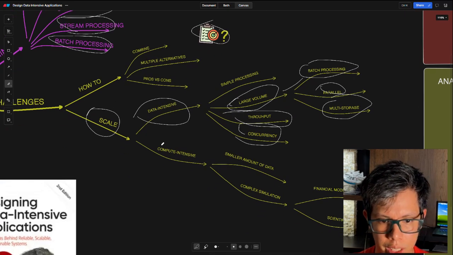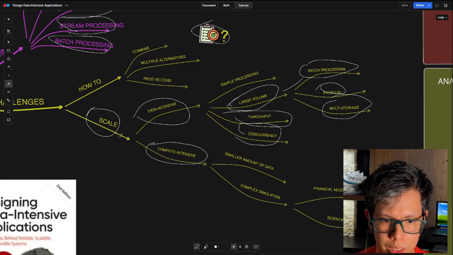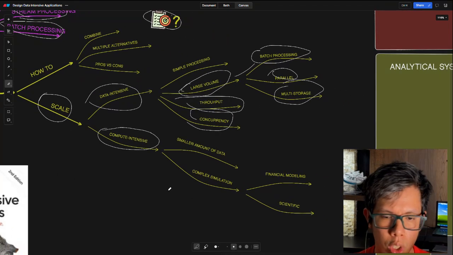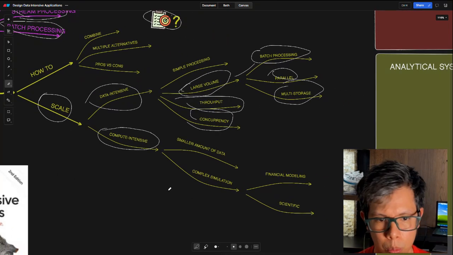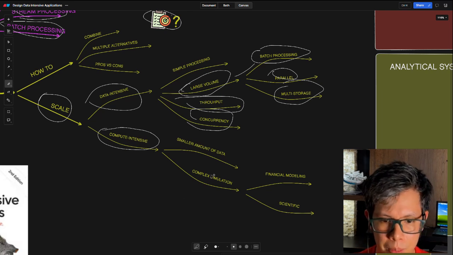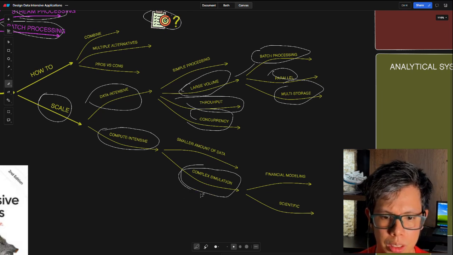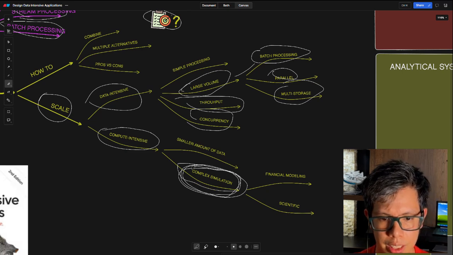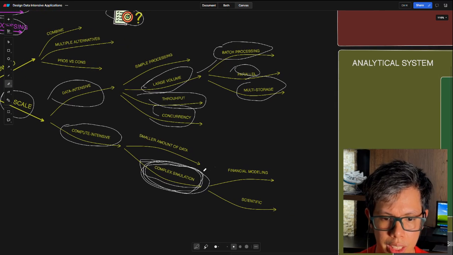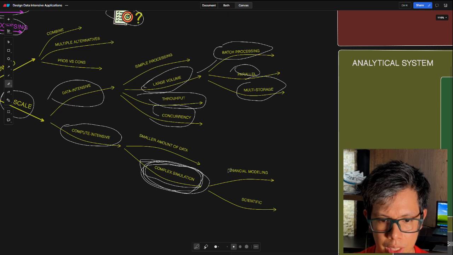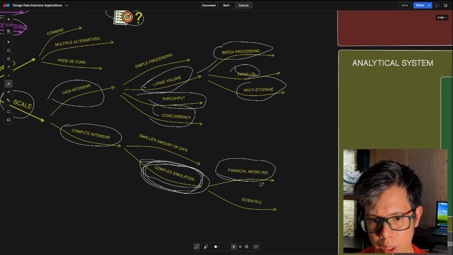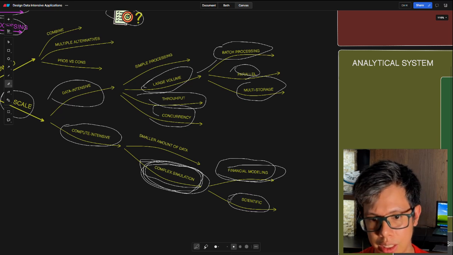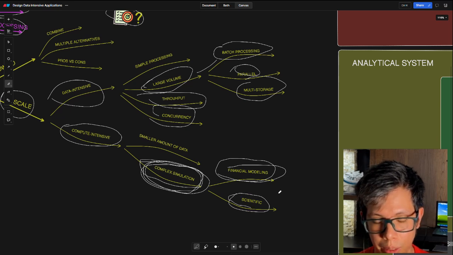And another problem that you can have is being compute intensive. The difference is that there is a small amount of data, not comparable with data intensive, but the problem could be the complexity of the simulation. You have critical logic in your system, and maybe you are going to do financial modeling or something scientific, I think.